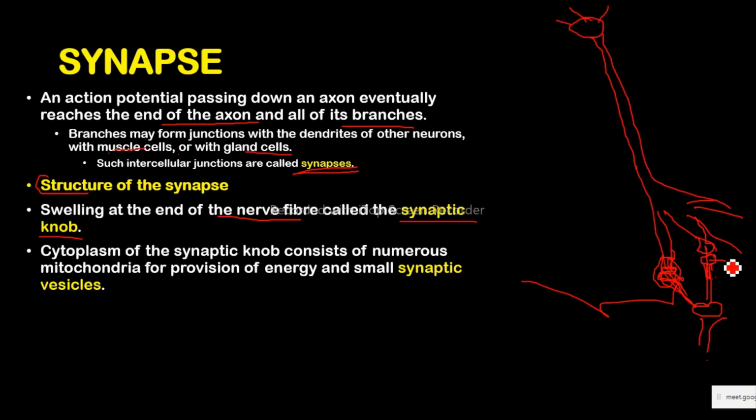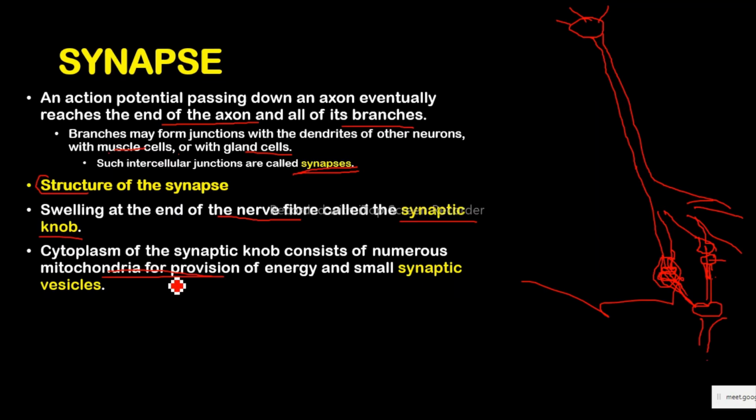Is that okay? Yes. Now inside the presynaptic knob, there are numerous mitochondria. Now, what are these mitochondria for? They provide energy. And what is the energy for? Impulse transmission.